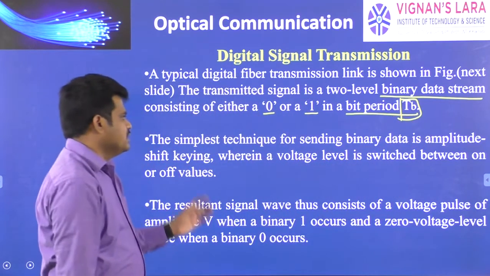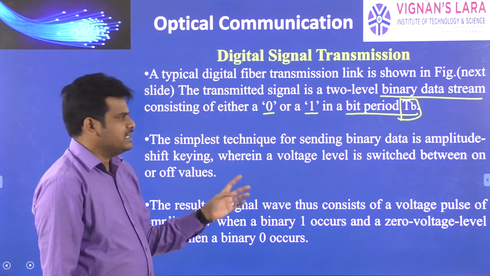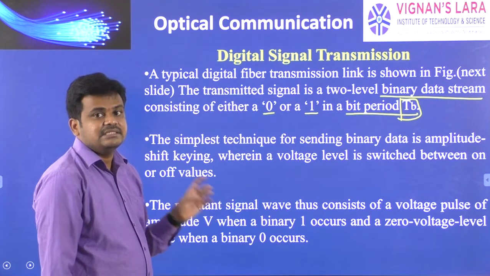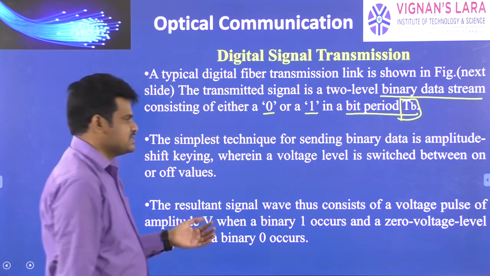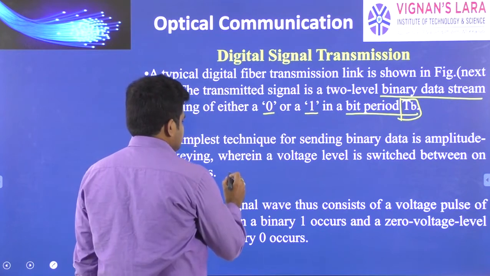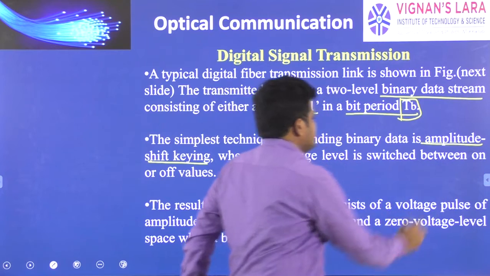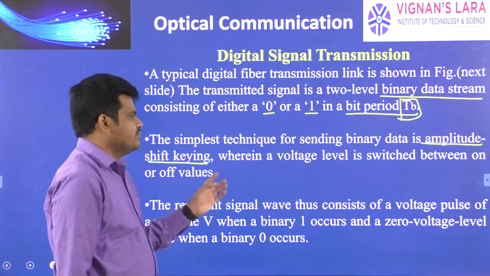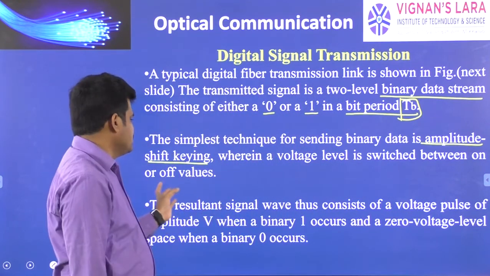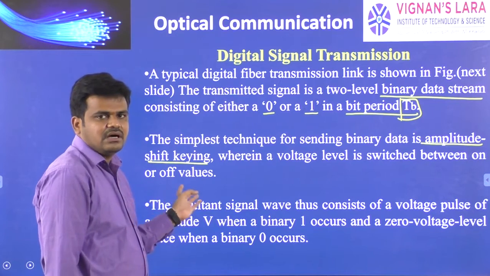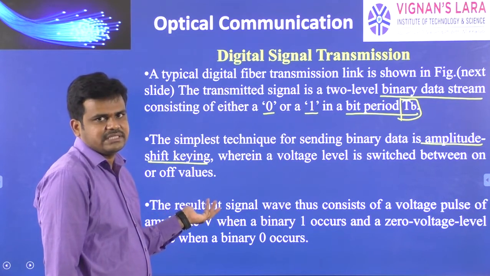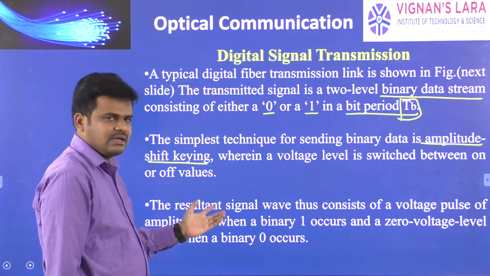The simplest technique for sending binary data is ASK, amplitude shift keying, which you have already studied in previous courses, where a voltage level is switched between 0 and 1, or on-off levels.